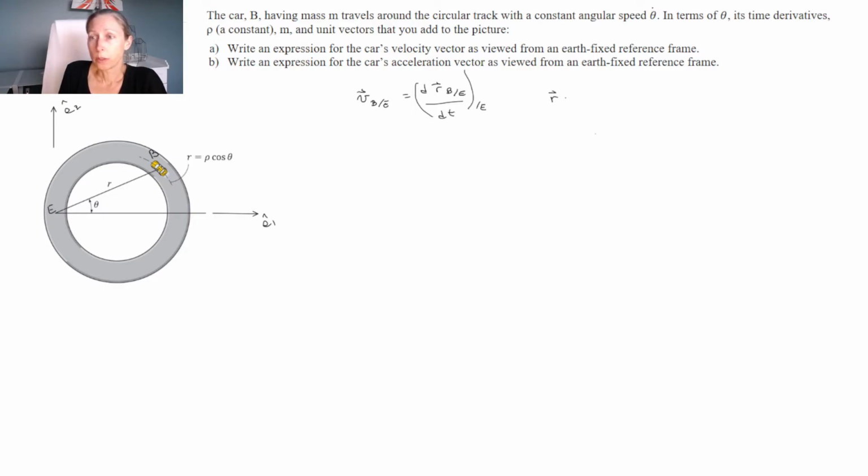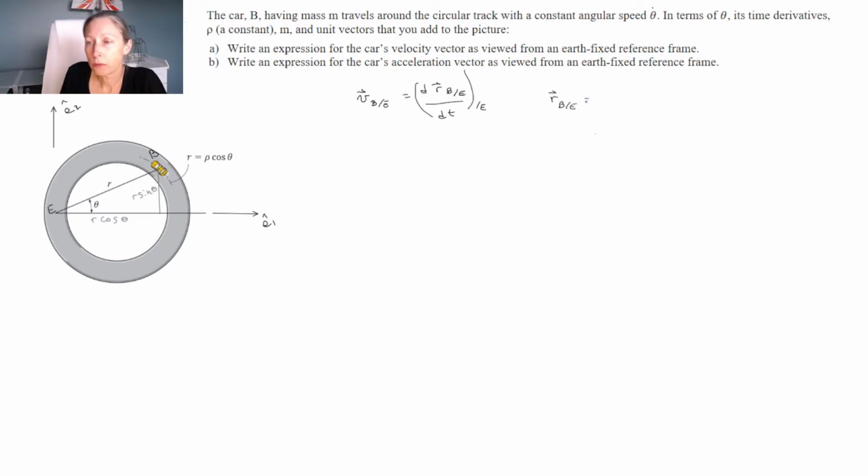So hopefully we wrote before that the position of B with respect to E was just r A1, but now we don't have that A unit vector. And so we're going to have to write it in terms of the E's, the E1 and E2. And hopefully you can see that this distance right here is r cosine theta, and the vertical distance is r sine theta.